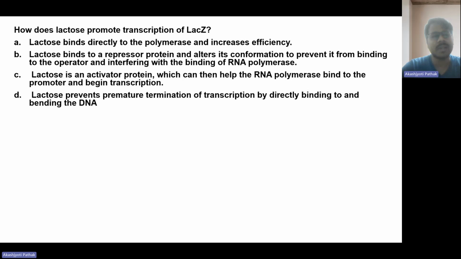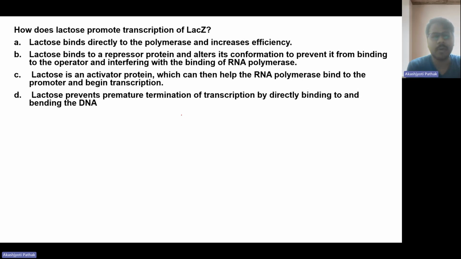Okay. Now, how does lactose promote transcription of LAC-Z? If you have gone through the lectures, I hope you have understood the basic concepts of the lac operon.